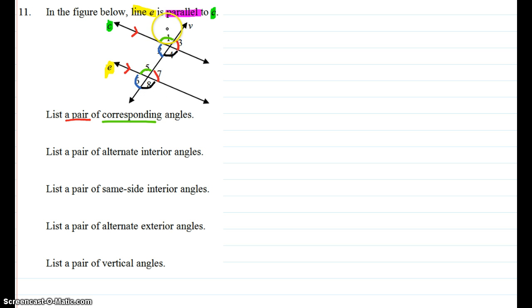And so as you look at the corresponding, angle 2 corresponds with angle 6. You can almost think of it like it slides down and it would go right on top of it. And so the answer I'm going to write here is the last one I wrote, angle 4 and angle 8. So angle 4 and angle 8 are corresponding angles.